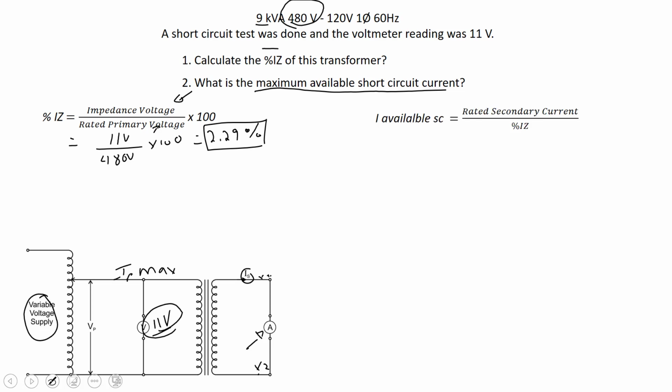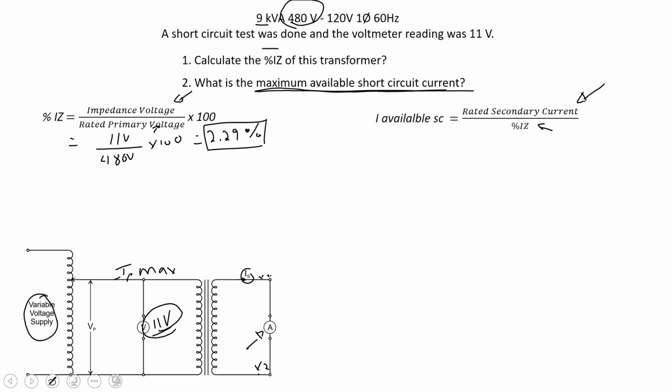Now for the maximum available short circuit current on the secondary, we use that percent Z in this formula. Percent impedance is there, so what we still need is the rated secondary current.